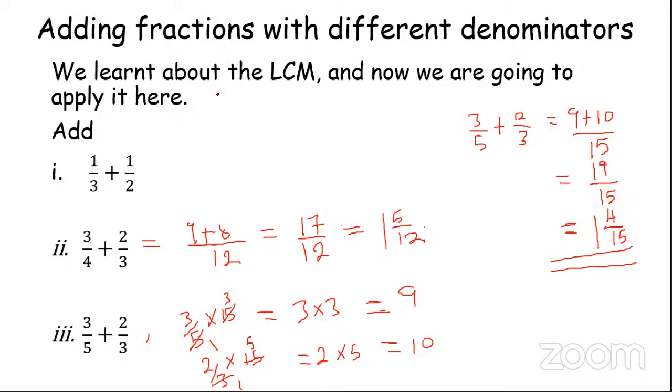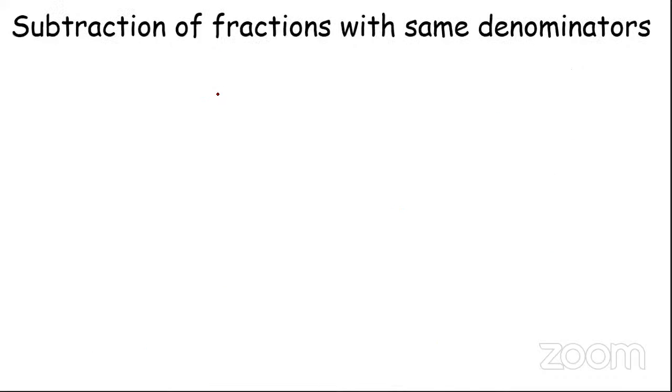Okay. Then we go to subtraction. So with subtraction, we still use the same methods that we have used. So for 7 over 8 minus 3 over 8, we can first have some illustrations showing pieces which are divided into 8.